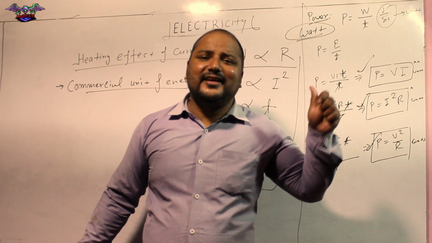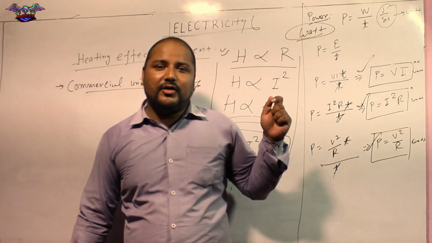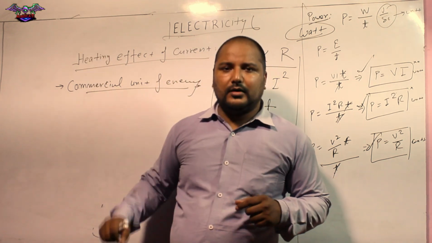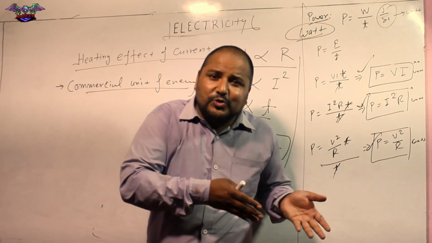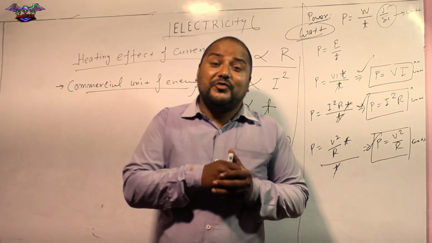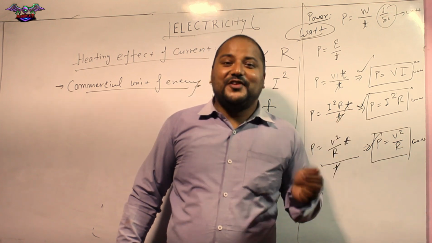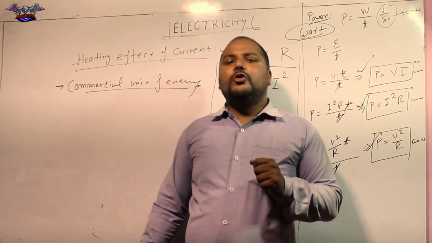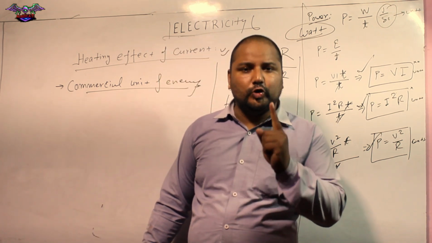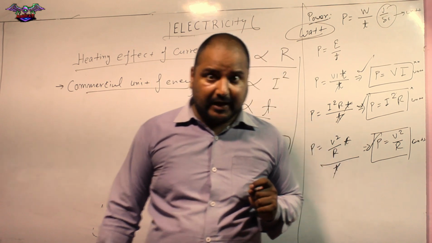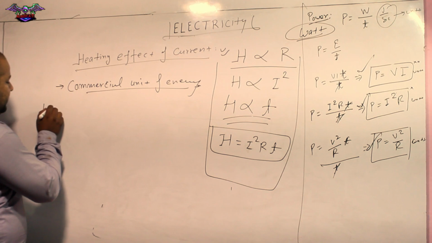As you take the meter reading in our household circuit, when we see our energy meter, we don't say that this much joule of energy we have consumed. We always say that this many units of energy we have consumed. So I want to tell you what 1 unit of energy is in terms of joule.